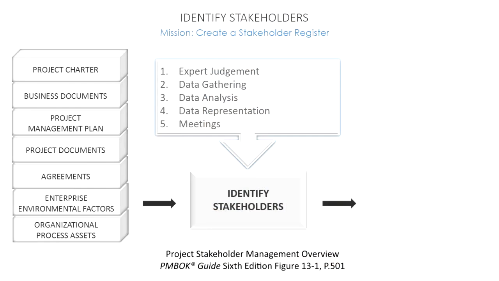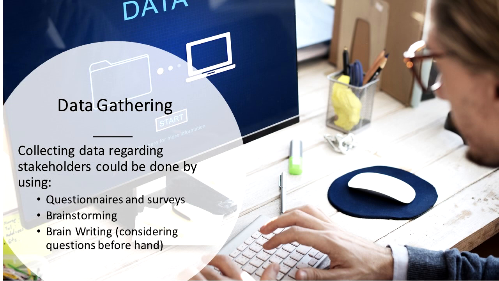The next tool and technique is data gathering. Data gathering techniques could be questionnaires and surveys or brainstorming. Once you identify one stakeholder, you could interview that stakeholder to find out other stakeholders. And from those other stakeholders, you could identify more. So questionnaires and surveys and brainstorming could also be helpful here.